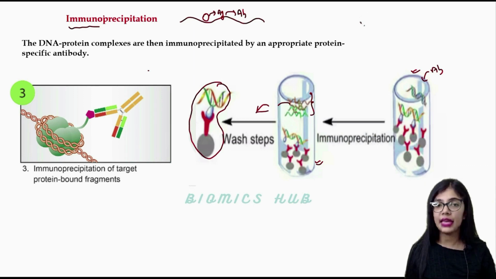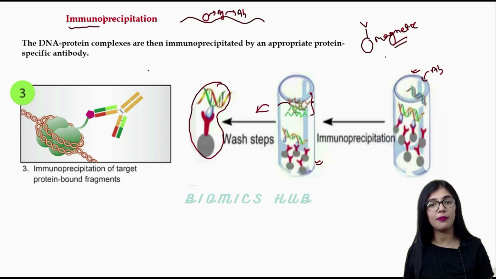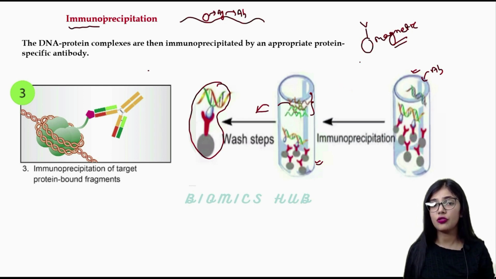Whenever we are designing an antibody, we use magnetic beads. If we use magnetic beads with the antibody, it will either settle down during centrifugation, or we can separate it using a magnet. Or else we can tag it with biotin.